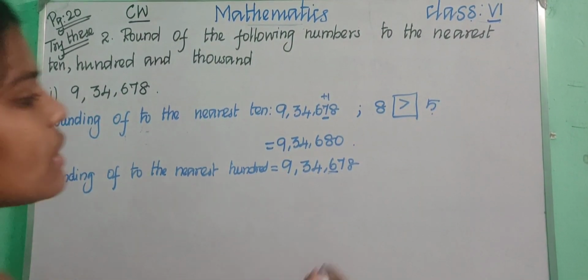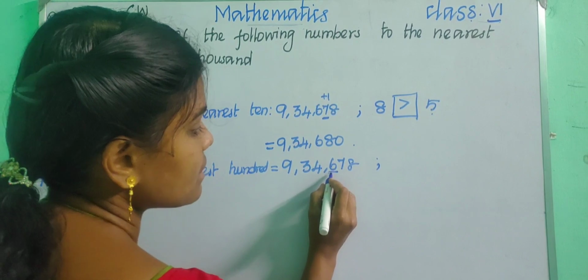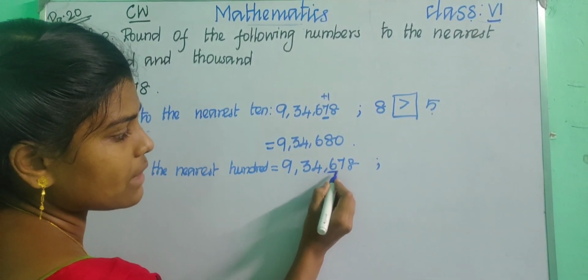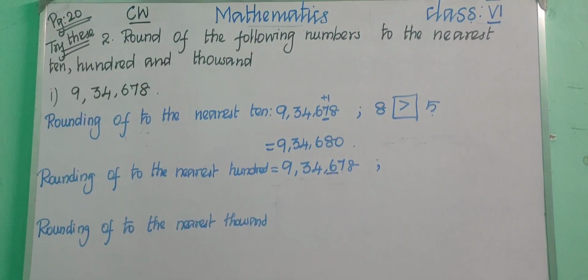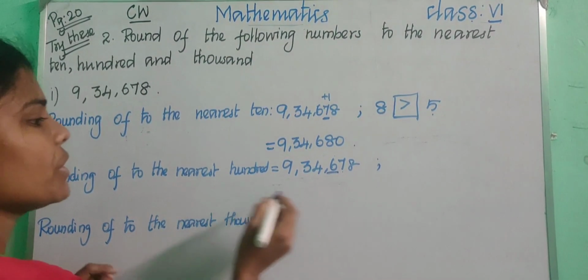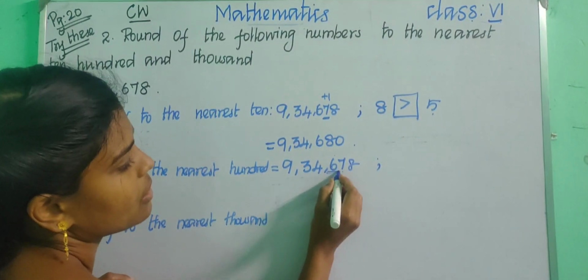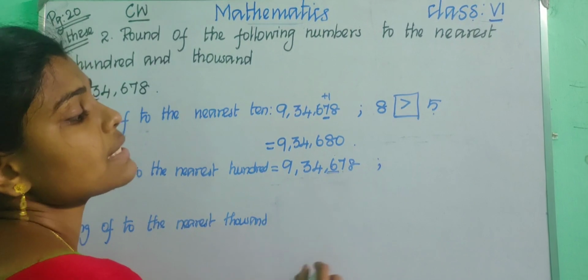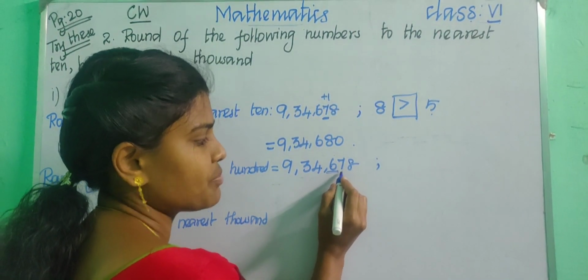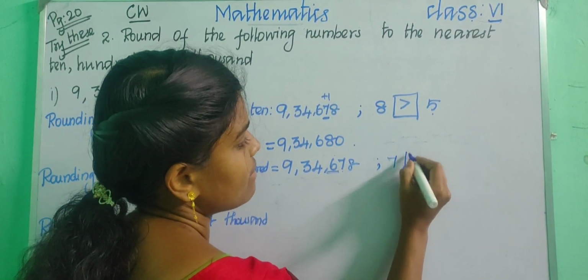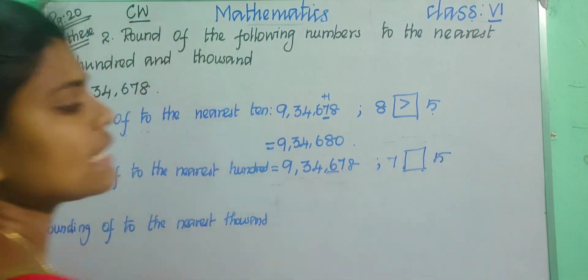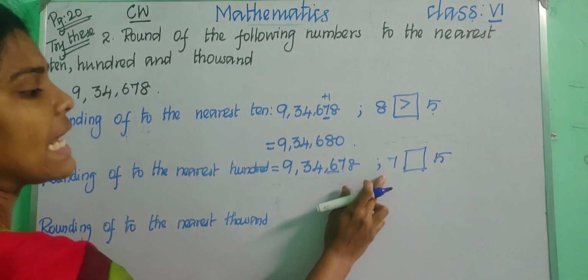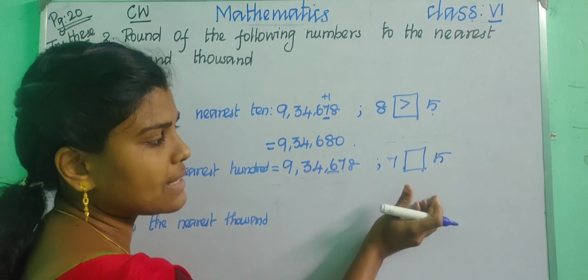So let us check the next number after the hundreds place. Here we just mark the hundreds place. What is the next number? 7, right? Is the 7 greater than or less than 5?